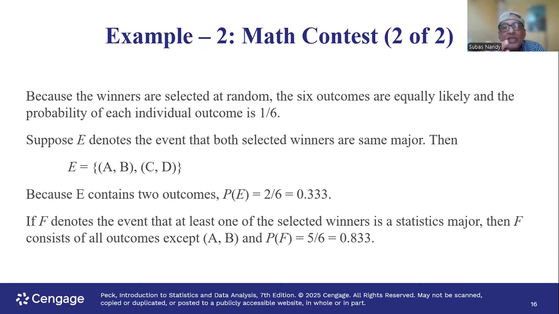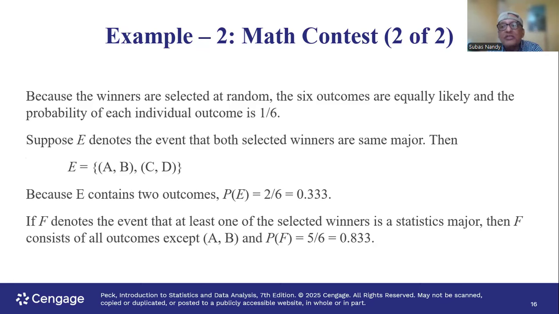Suppose E denotes the event that both selected winners are of the same major. A and B are math majors, C and D are statistics majors. These are the only possible combinations in which both have the same major. In that case, the probability of E is 2 out of 6. Why 2? Because there are two possible combinations in which both of the students have the same major: A and B math majors, C and D stat majors.